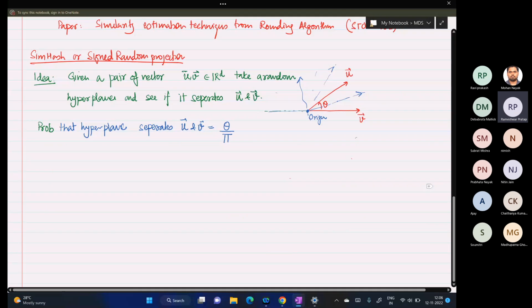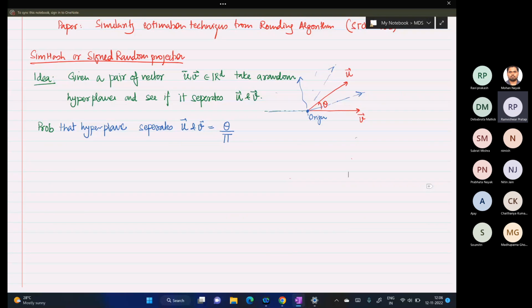Now we need to somehow capture this in the form of a hash function. We'll use the following as our hash function.